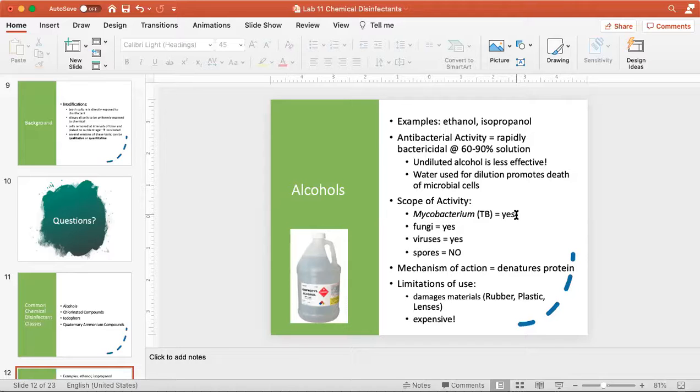So it's important to know if your disinfectant is up to that task. Remember, the genus is Mycobacterium. The species is tuberculosis. So it's called Mycobacterium tuberculosis, and it causes a disease that we call tuberculosis as well.